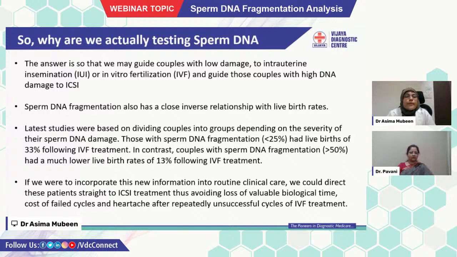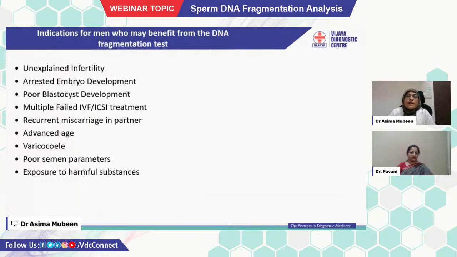So if we were to incorporate this new information into routine clinical care, we could direct these patients straight to the intracytoplasmic sperm injection treatment, thus avoiding loss of valuable biological time, cost of failed cycles, and unsuccessful cycles of IVF treatment.